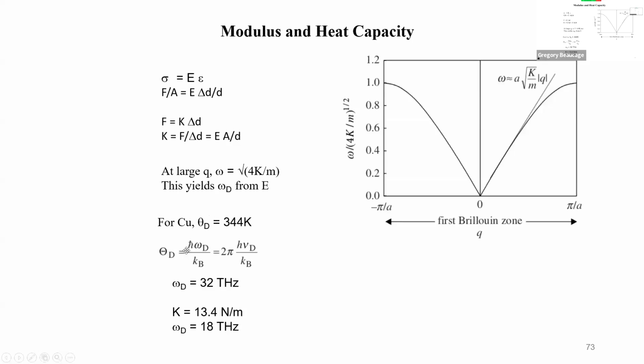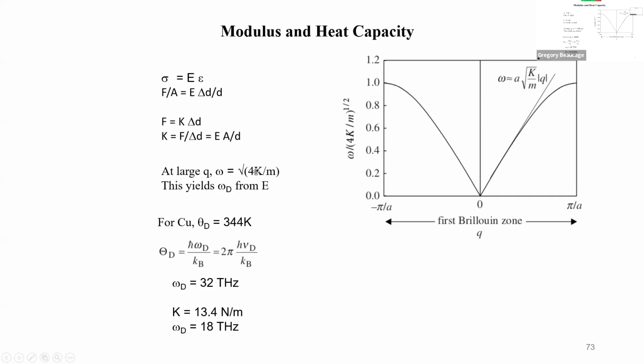So if you know the Debye temperature, you can predict the modulus, because this K is going to be decided by the Debye temperature. In other words, from the Debye temperature, h nu over k, where nu is the Debye frequency, if you know the Debye frequency, you can plug it in here.